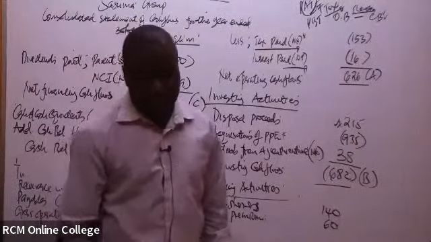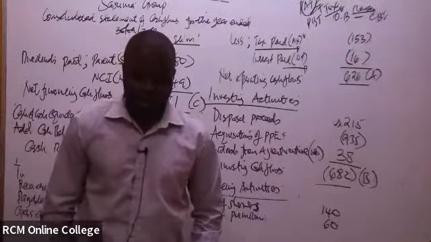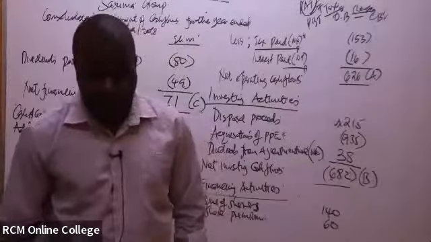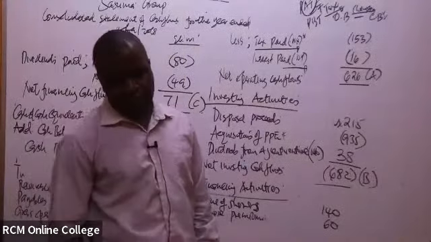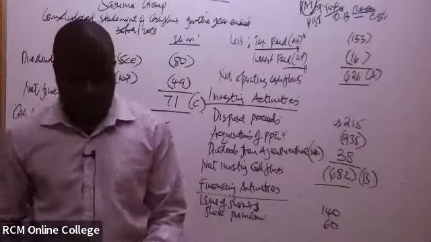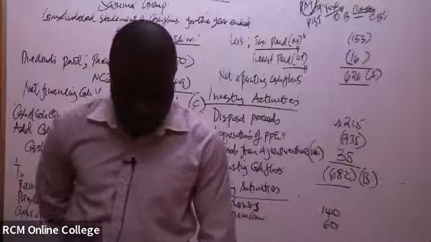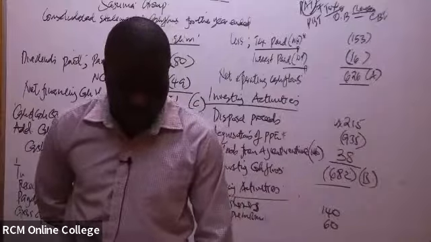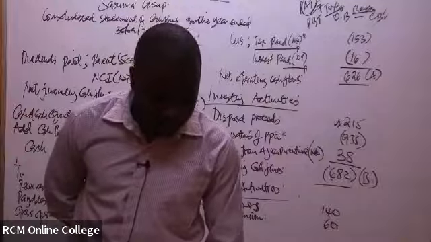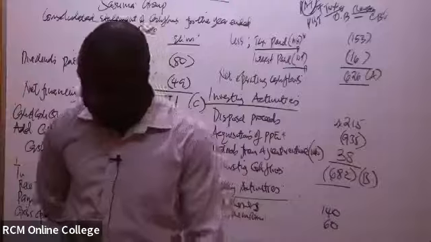Then there was a revaluation of 150 million. We also credited in that account, but we took 20% of that revaluation of the assets. We got 30. Then of course the balancing figure was 49. So that is how we ended up getting the dividend paid to the non-controlling interest.